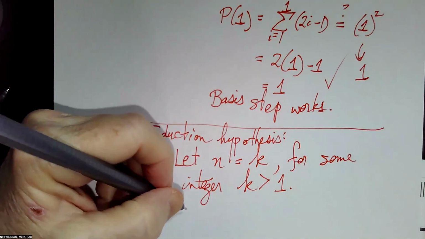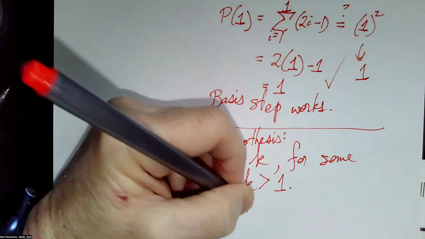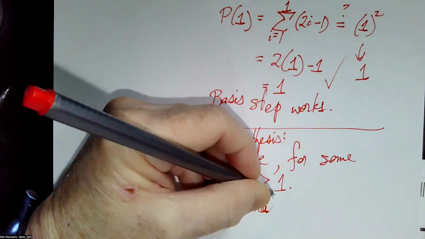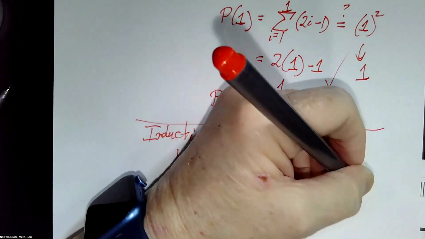And we want to assume that P of k is true.